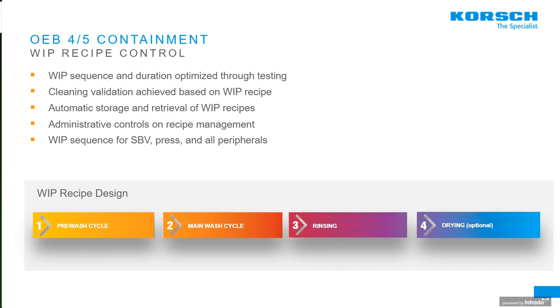And again, it's critical that the whip sequence comprehend everything from the split butterfly valve through the tablet press and all related peripherals. With regard to drying, I did reference earlier that I think the most common methodology is to utilize a compressed air nozzle through the glove port to blow the air off the surfaces and down out of the compression zone.